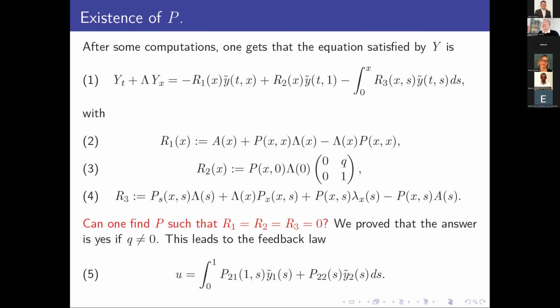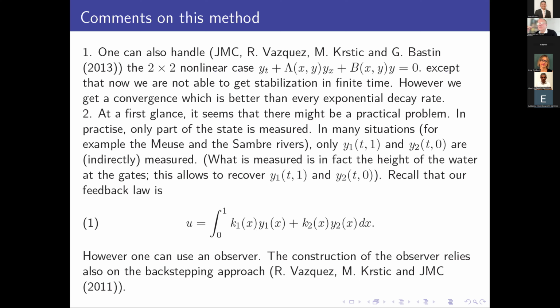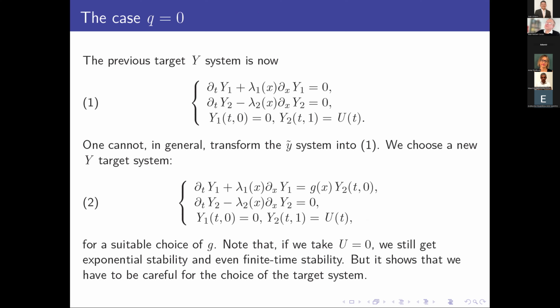But still, you can prove that at least this Q is not 0. If Q is not 0, which is the generic case, so let's forget the case Q equals 0, you can transform the first system into the second one. If Q equals 0, it's not possible directly. But if Q is 0, you have to transform the first system, the y tilde system, into system (2), where you see there is this new term.